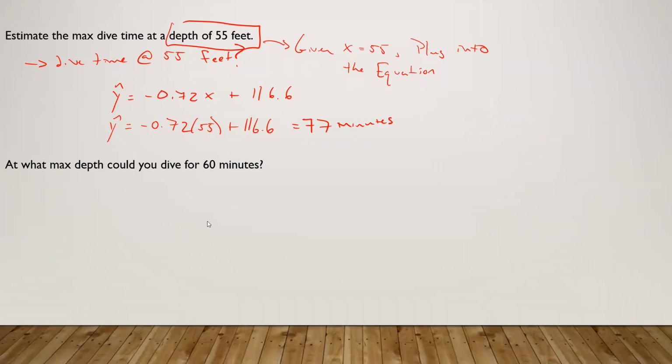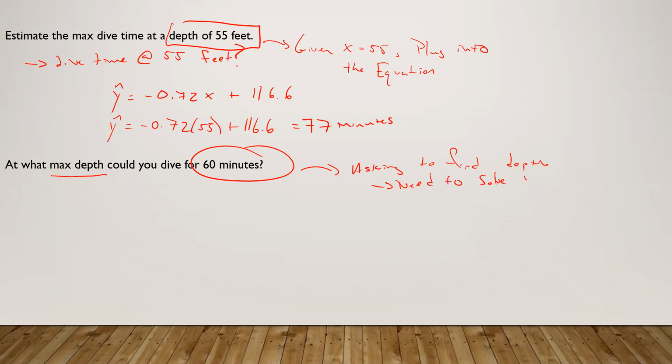Now this one here: at what max depth could you dive for 60 minutes? What I'm asking you here is to find depth, so the variable I'm asking you to find is x.